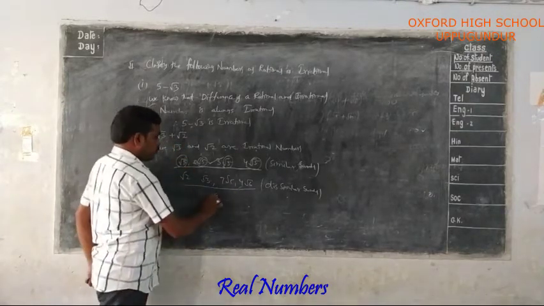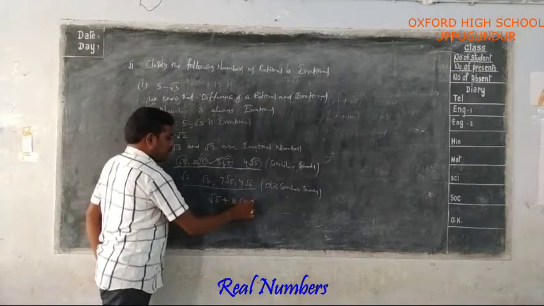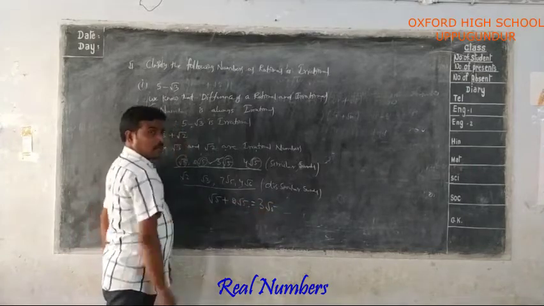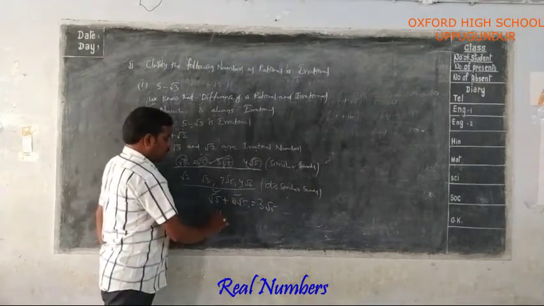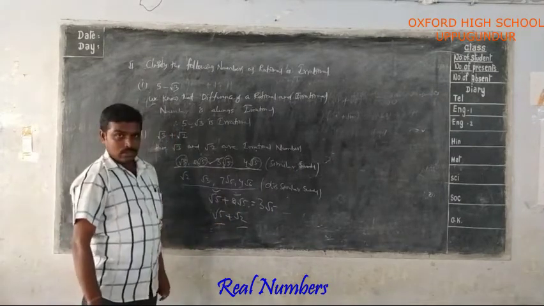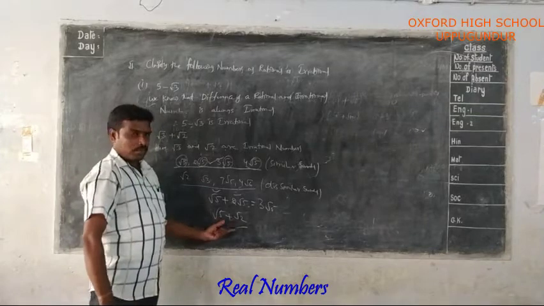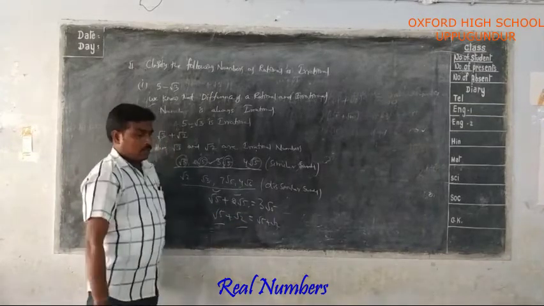Suppose when you are adding two similar surds, root 5 plus 2 root 5, it becomes 3 root 5. So we can add these two. But when you are adding root 5 plus root 2, these two are dissimilar surds. That's why you can't add these two. Directly we can write root 5 plus root 2 only.